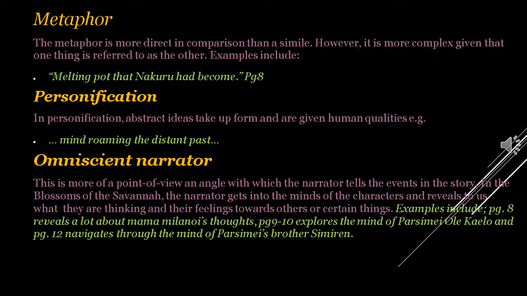Pages 9 to 10 explore the mind of Parsmei or Lekaelo, and page 12 navigates through the mind of Parsmei's brother Simiren. In other words, we are able to see the thoughts of the characters. Whoever narrates the background would in this case be omniscient, not seen, but we are able to see the thoughts of the characters as they are used in the text.